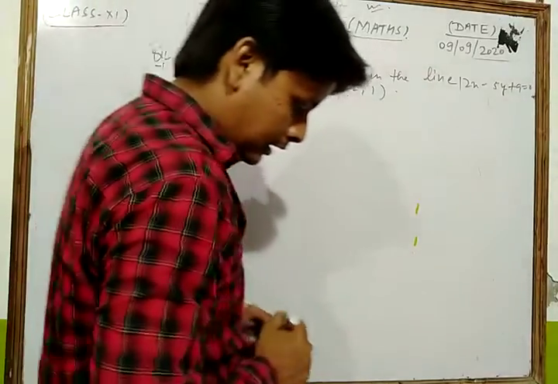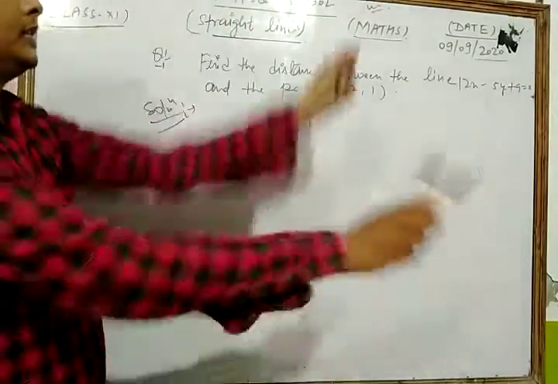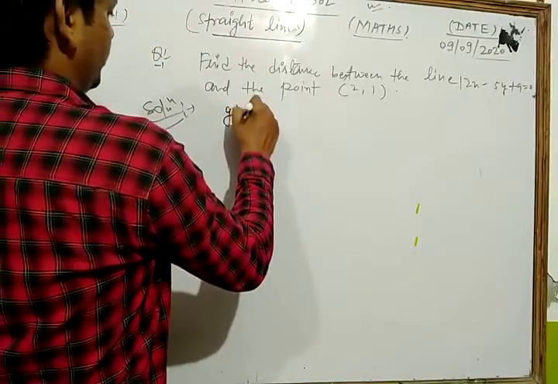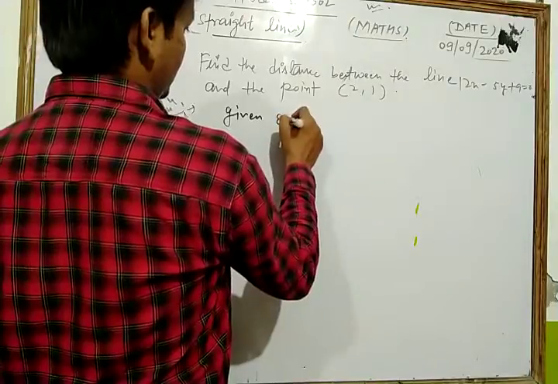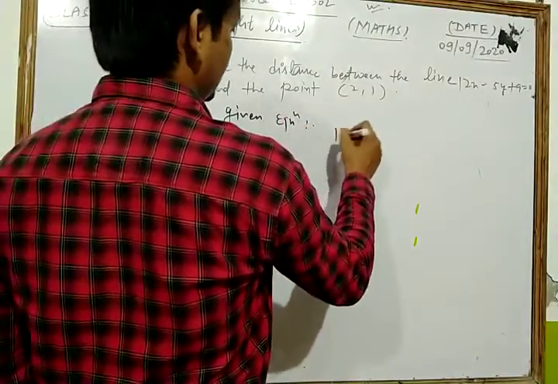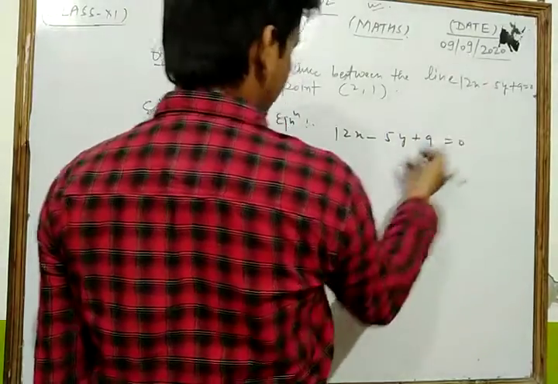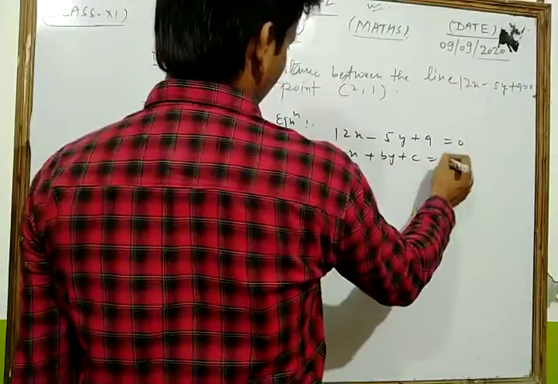Now look, dear students, what is given. First of all, we write the given equation as 12x minus 5y plus 9 is equal to 0. This is of the form ax plus by plus c is equal to 0.